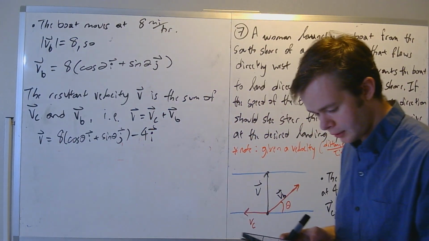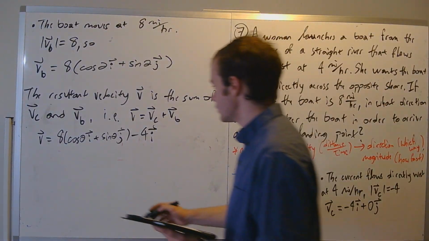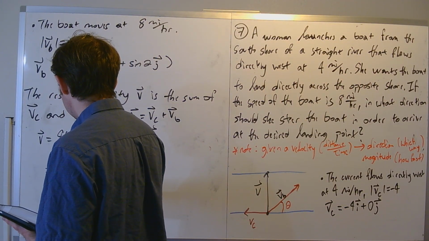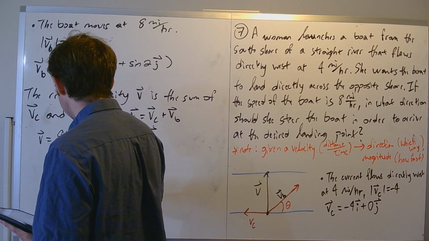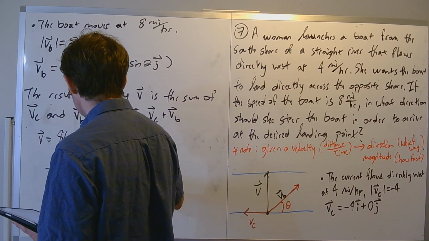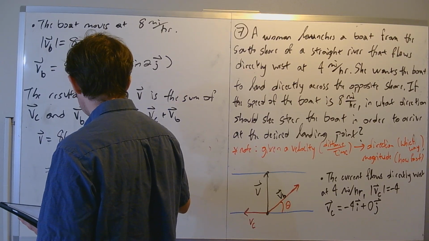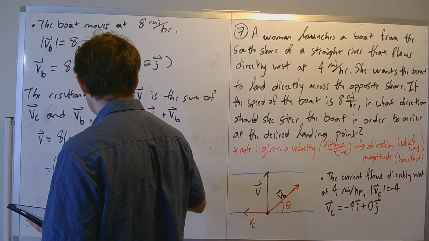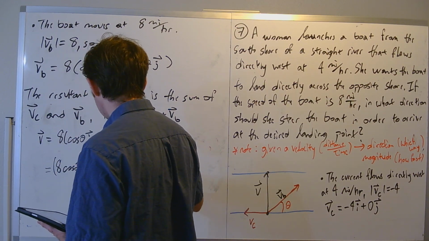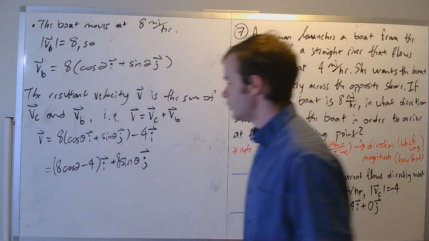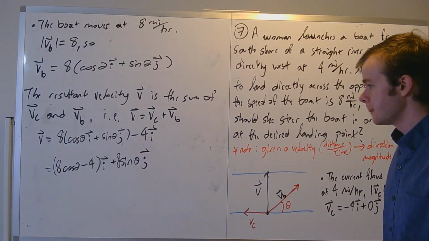So if we combine what we have, we're going to have 8 cosine theta minus 4 in the i direction plus 8 sine theta in the j direction. Right, so I just combined everything, and that's what we get.